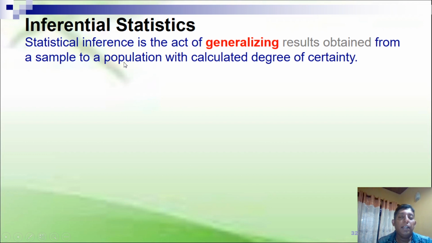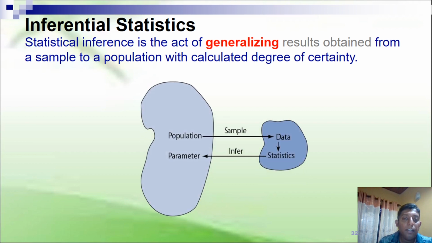Now first see how to define inferential statistics. The overall idea is that we need to make inferences about population parameters. At the beginning of this lecture series I explained what a parameter is: a population characteristic. To make a decision about the population parameters, usually we take a representative part, which we call a sample.